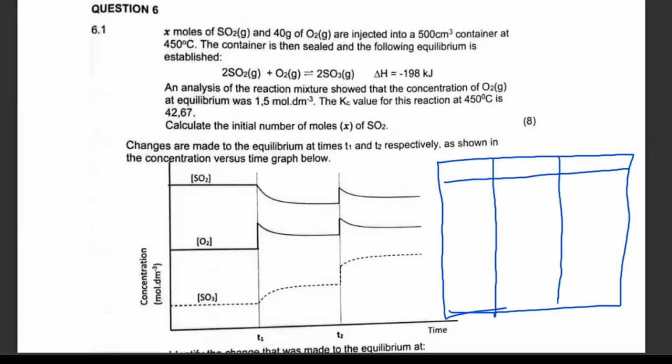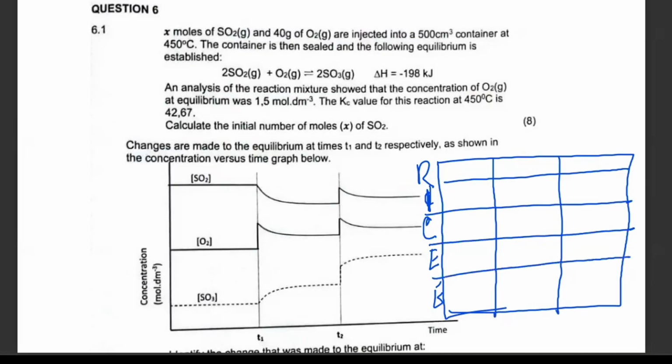RICE method, it's R, I, C, E, whereby R is the reaction, I is the initial concentration, C is the change, E is the concentration at equilibrium, and then the number of moles at equilibrium, and then the concentration. So this is the concentration.